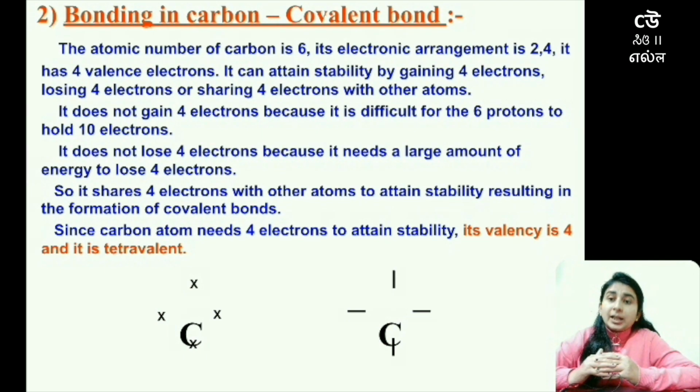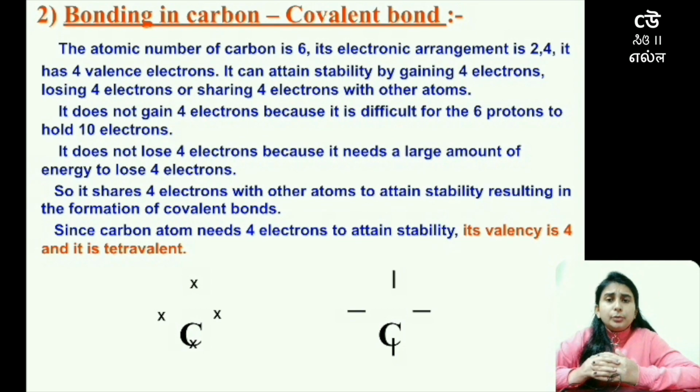So since carbon needs 4 electrons to attain stability, its valency is 4, or in other words it is tetravalent. Students, if you focus on both diagrams here, in the first case electrons have been represented using dots, and in the second case electrons have been represented using crosses.